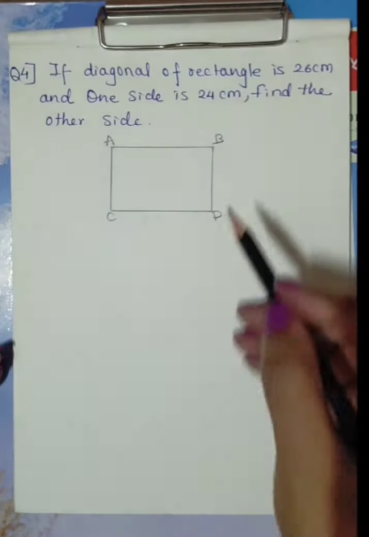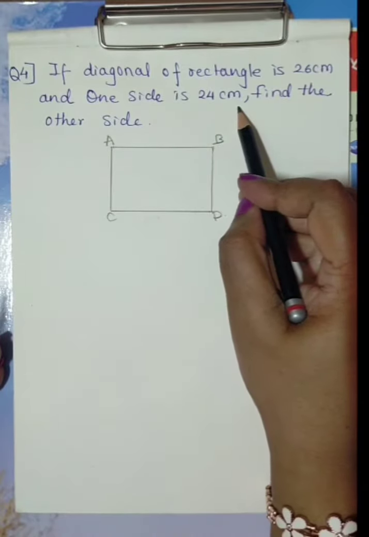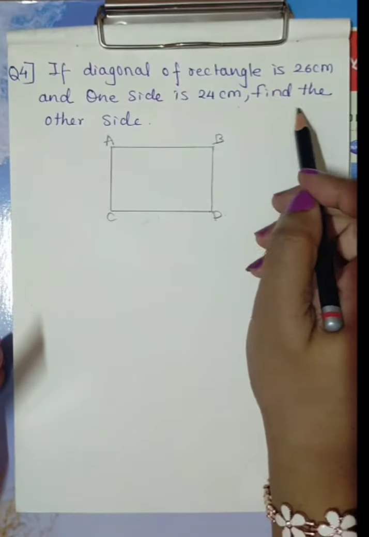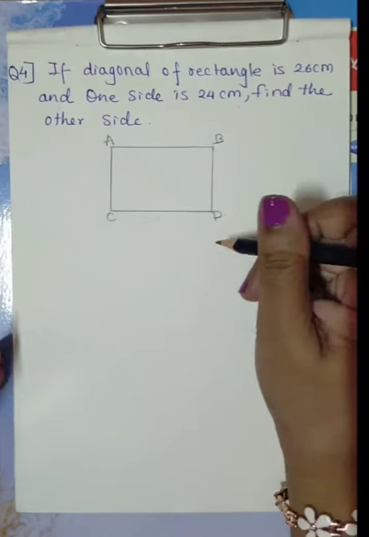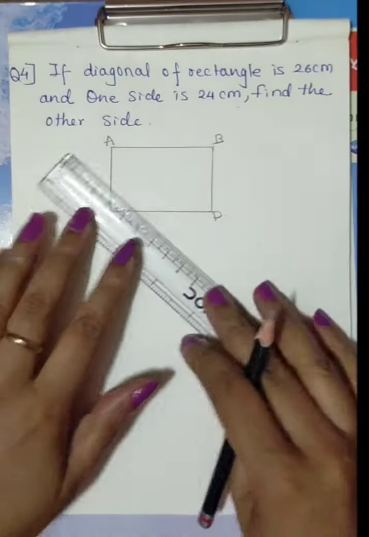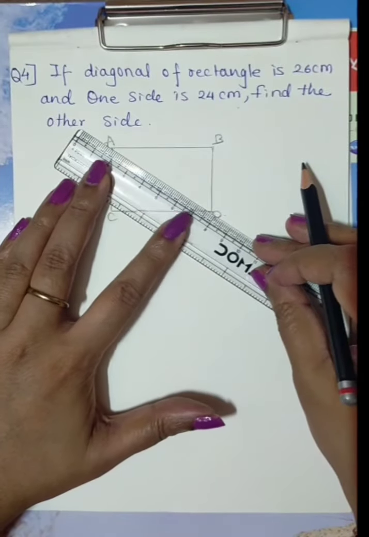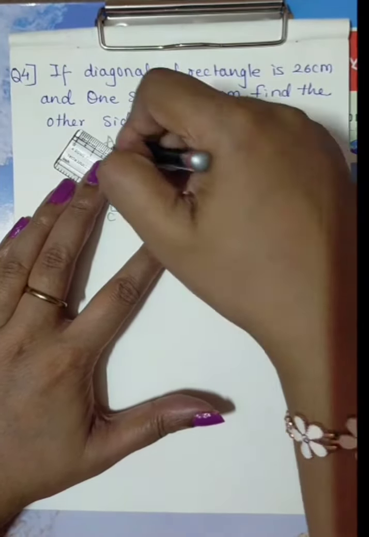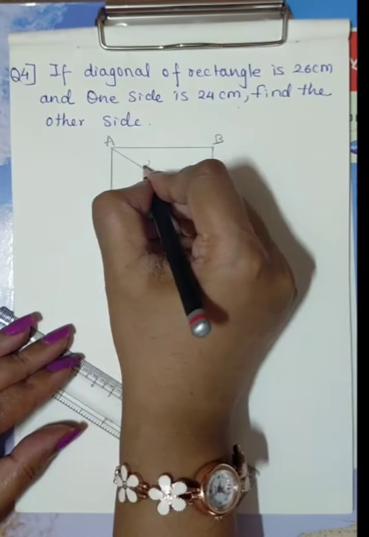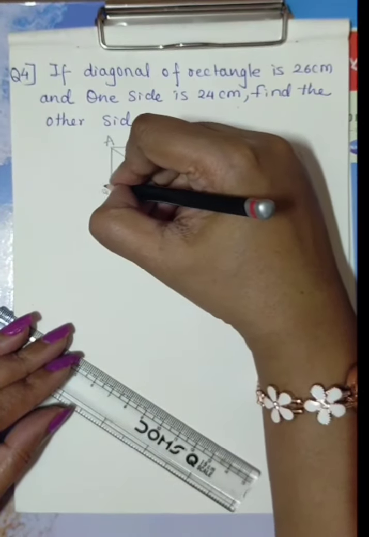Okay, here given one side is 24 centimeter. Find the other side. So here we have to draw the diagonal AD. Okay, this is our 26 centimeter diagonal, and one side is 24 centimeter.